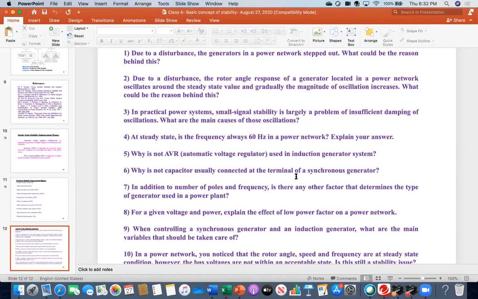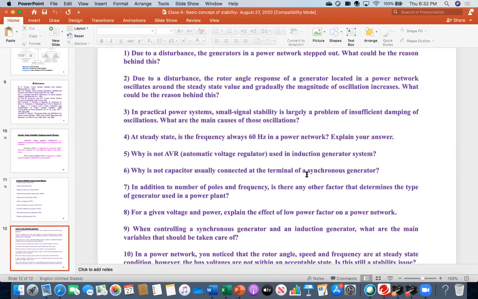Now, to answer question number 6, you have to tell that synchronous generator has no issue with low lagging power factor because it does not depend on reactive power consumption from the network. The synchronous generator has the physical magnetic poles that are powered by the DC excitation. It also has the AVR and it has the governor.